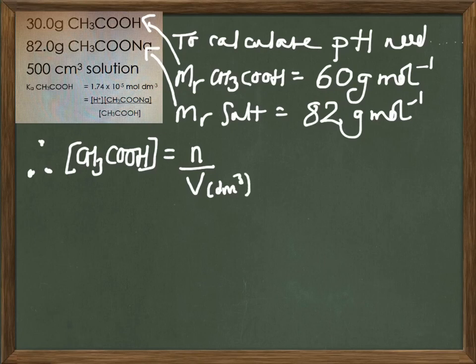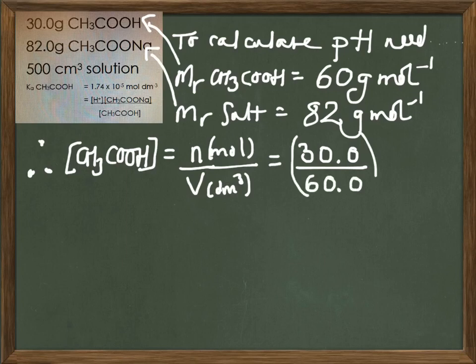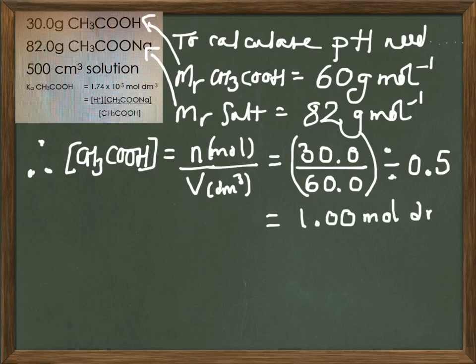So to work out the concentration of our weak acid, we need to first work out the moles of it. To do that, mass divided by Mr, and then to convert that to a concentration, you divide it by the volume in decimetres cubed.